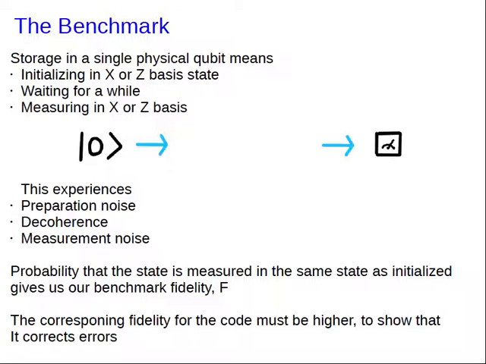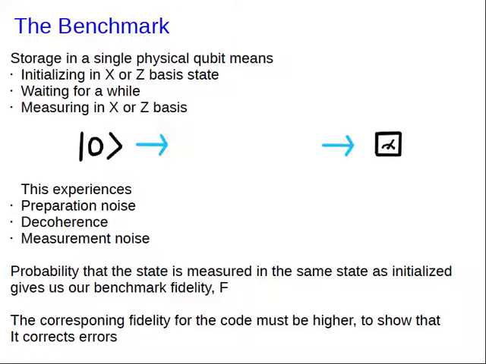So we do our experiment, we've got our code here, we've got our single physical qubit here. There's no difference between this physical qubit and the ones that make up this code. And we prepare them all in the 0 state. Then over here we do our entangling gates. Over here we do nothing. And then we measure everything.